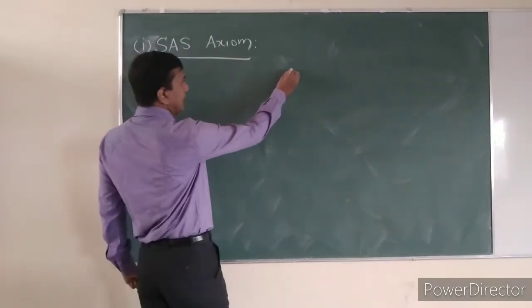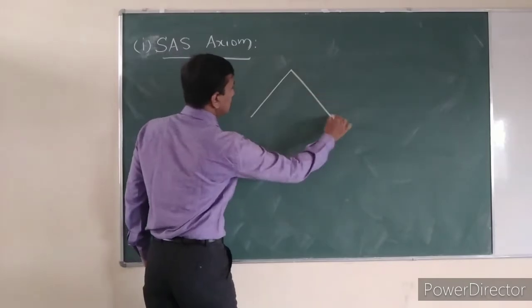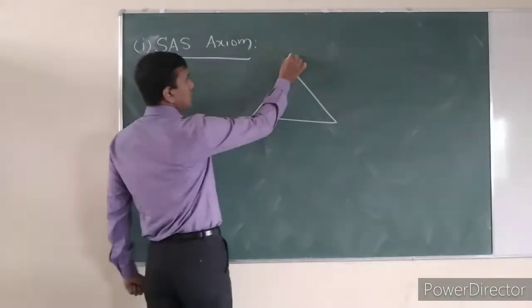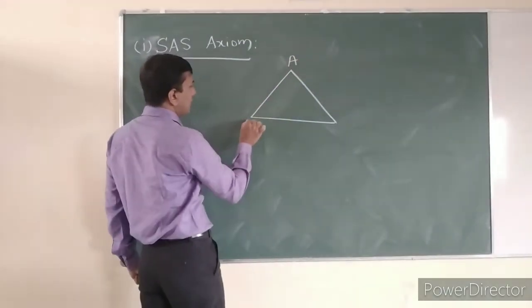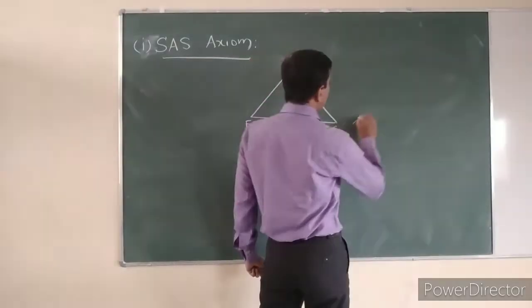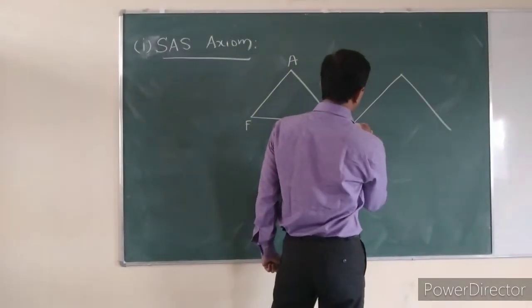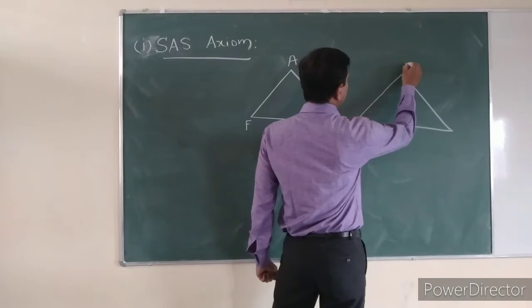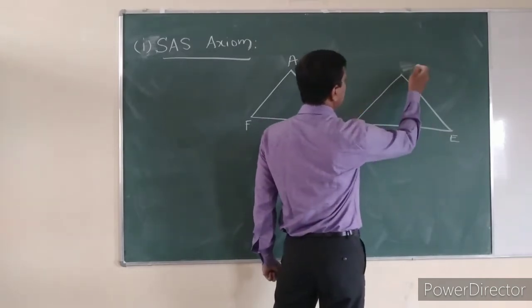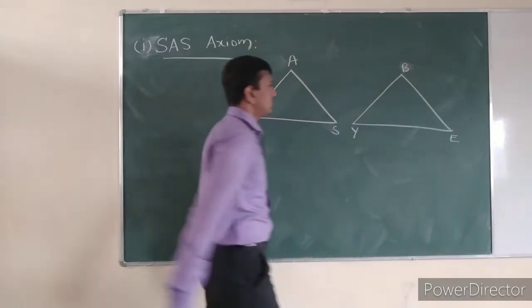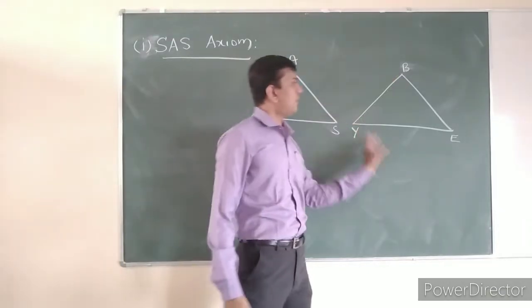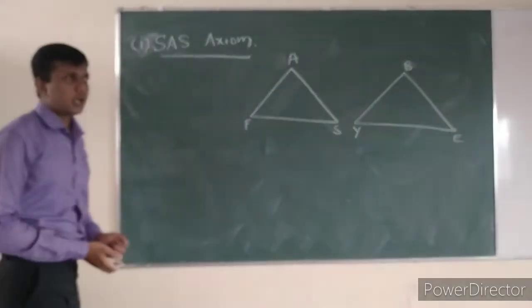If you take two triangles, take this triangle as AFS and one more triangle BYE. Two triangles are now taken.